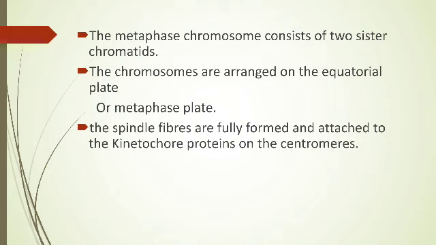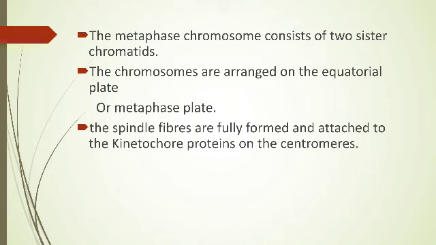Okay, and next point, the spindle fibers are fully formed. We can see in the figure the spindle fibers are fully formed and they attach to the kinetochore proteins on the centromeres. As now the chromosomes are arranged on the equatorial plate, the cell can be ready to proceed into the anaphase. But it is very important to note that before the cell enters the anaphase from the metaphase, all the chromosomes must be arranged on the equatorial plate. This is very important.